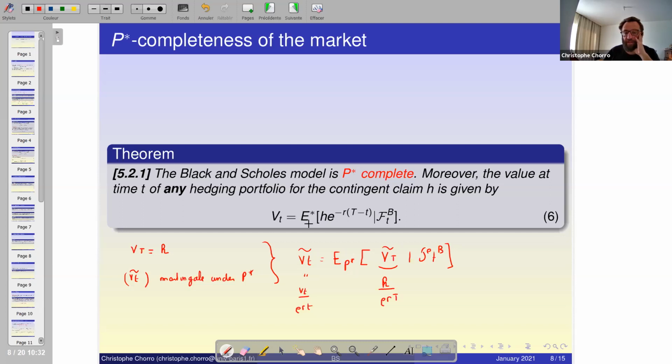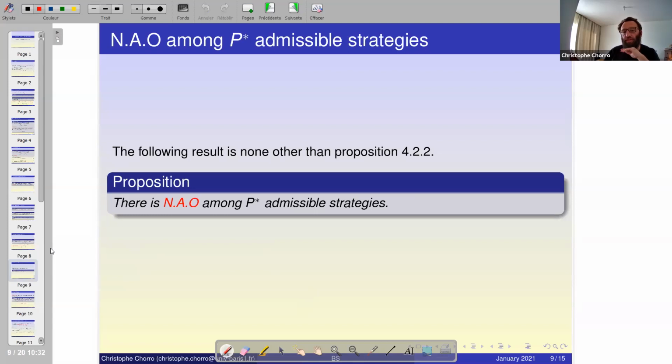And what is interesting is that, as you can see here, this value is independent of the choice of the replication portfolio, from the martingale condition. I also remind here that I have no arbitrage opportunities among P star admissible financial strategy, just using the martingale property once again.